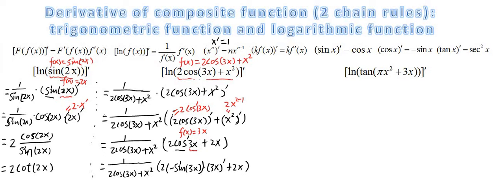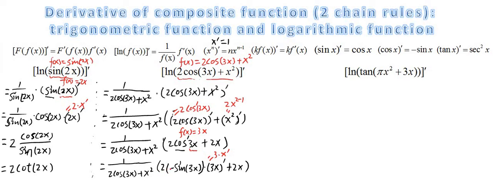So basically we can write this as 3 times x prime, and x prime is 1, so it's gonna be 3 times 1, which is 3. 3 times 2 is 6.